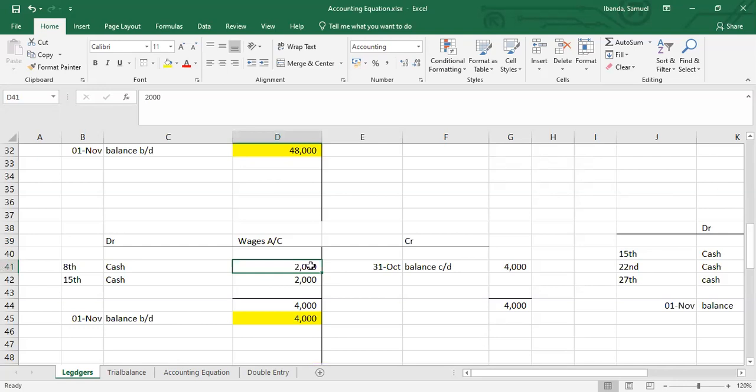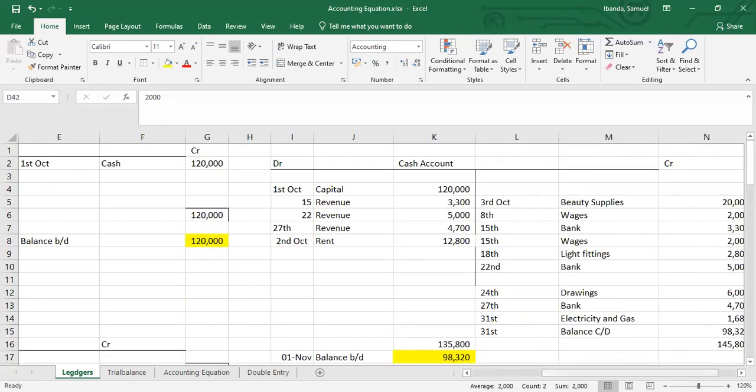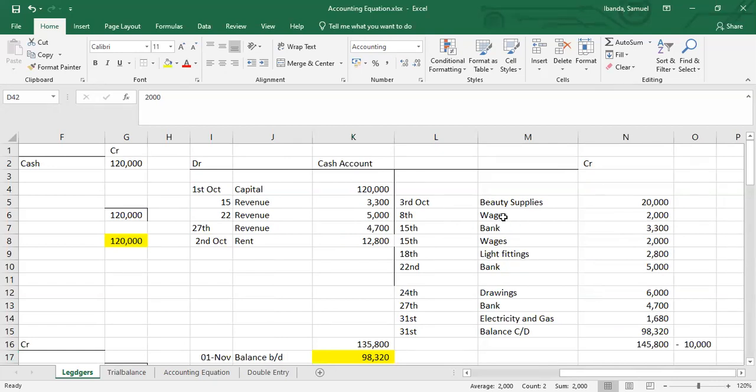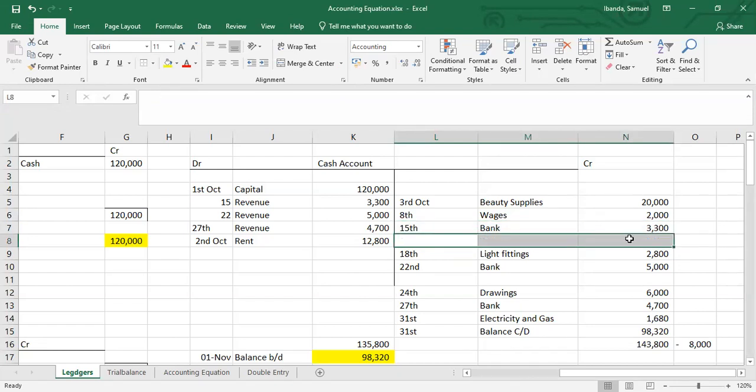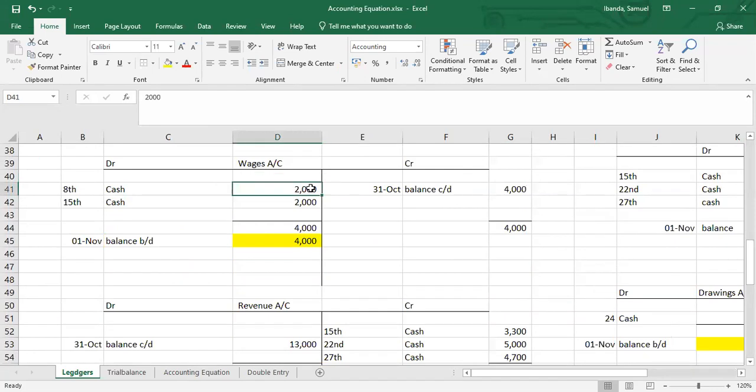Single entry means you came and debited your wages rightly, but then when you came to cash, you forgot, you didn't bring this transaction here. So ideally, this transaction does not exist in your books in the cash account. You only recorded that transaction in the wages account.